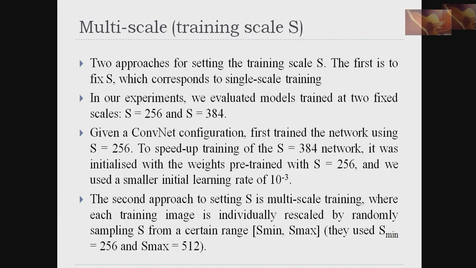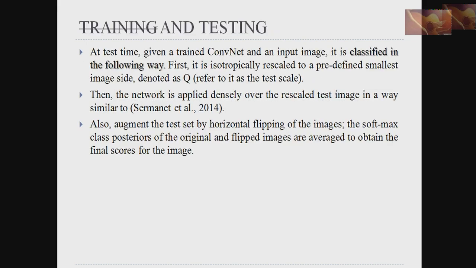So at testing, we are here in testing, and I guess I have not skipped anything. At test time, given a trained net and an input image, it is classified as follows. It is isotropically rescaled to a predefined smallest image side, say Q. Any image other than the training images, the test set, is rescaled to a smaller size.